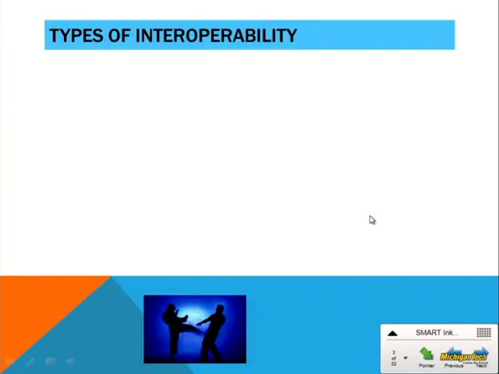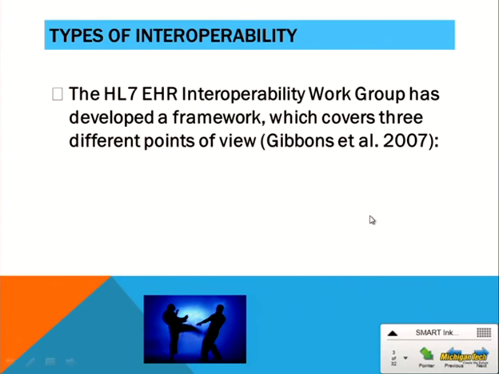In fact, there are several types of interoperability. The HL7 EHR interoperability work group has developed a framework which covers 3 different points of view of interoperability.